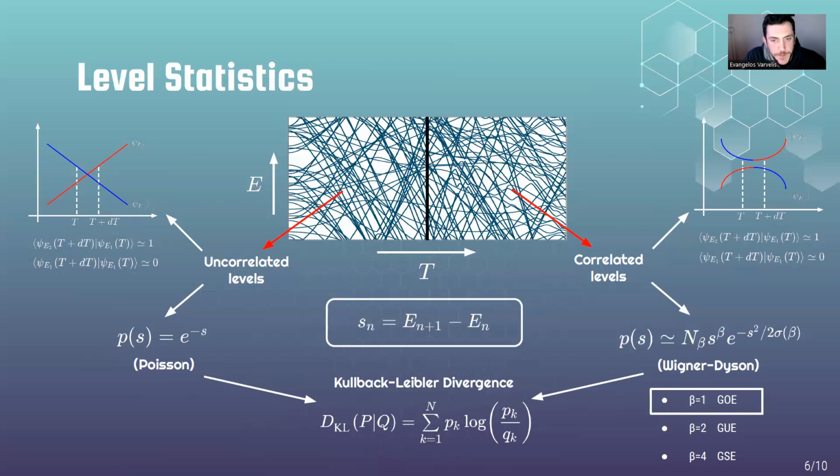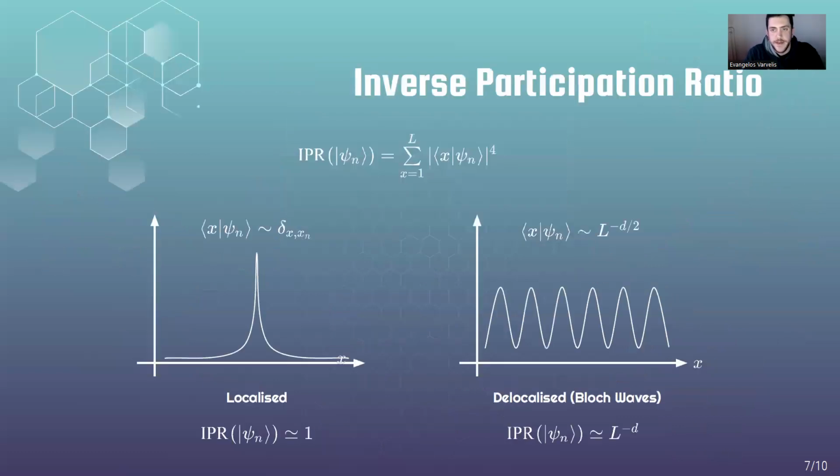Right. So moving on to the next probe, we have the inverse participation ratio, which is defined like this, and is basically the second moment of a wave function. We care specifically for the inverse participation ratio of the eigenstates, and we're thinking about the expectations for the two cases.